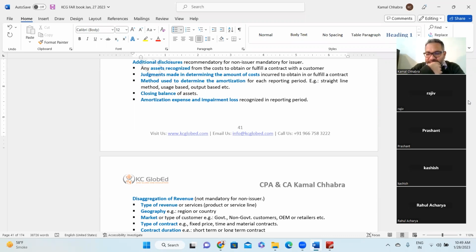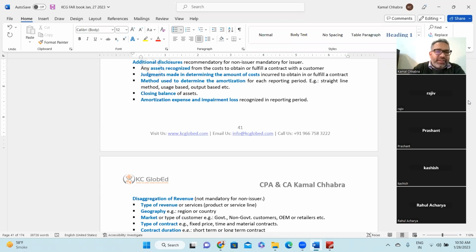Rahul, do you remember? You're not going through the notes. You said you've gone through the notes. It's very clearly mentioned in your notes. Prashant, do you remember what is contract asset? No, sir. Rajiv sir? Contract asset is something which is the main part of the contract and is agreed.